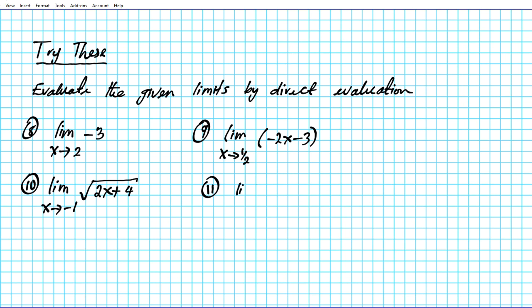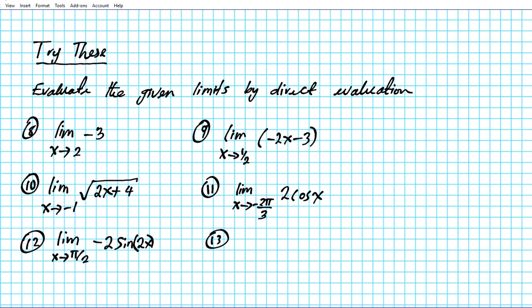What if you're to find the limit as x approaches -2 pi over 3 of 2 cosine x? Number 12. What if you're to find the limit as x approaches pi over 2 of -2 sine 2x? For 13, what if you're to find the limit as x approaches 0 of x to the third minus 2x squared plus 1?